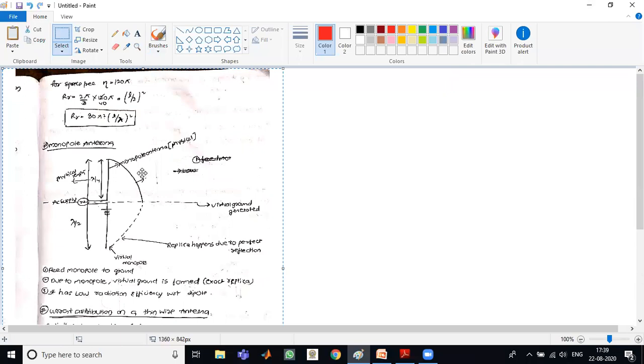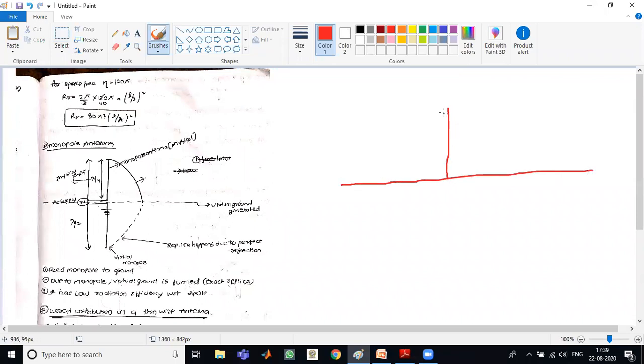Okay. First, let's understand the monopole antennas. What is meant by monopole antennas? This is the antenna, a dipole antenna. This is the ground. The antenna is fed to the ground.